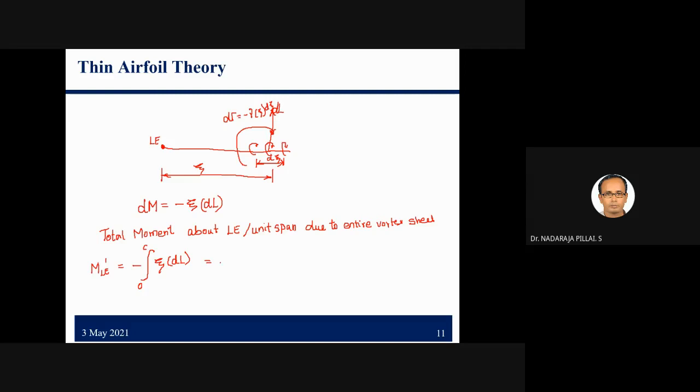So minus rho infinity V infinity integral 0 to c, instead of gamma, I write zeta gamma of zeta into d zeta. So this is our equation.